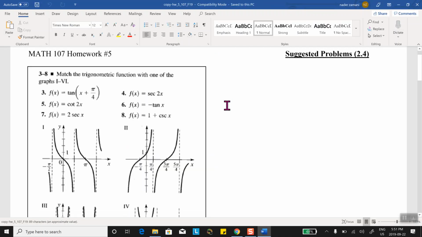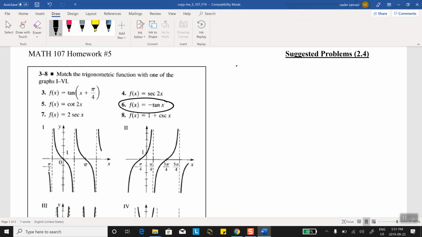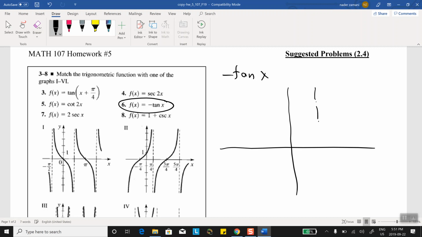All right, so there, tangent minus tangent of x. Now, if you know the graph of tangent of x, because you have minus tangent of x, all you do is you mirror it with respect to the x-axis. Okay, this is stuff from what we did last week, section 2.3, and what was done in your 105 course.